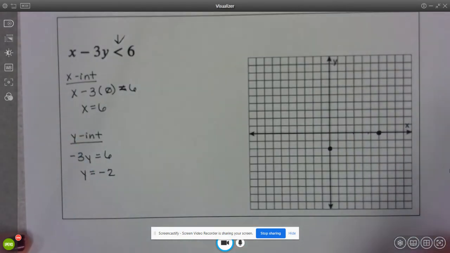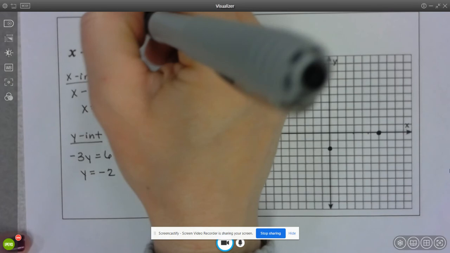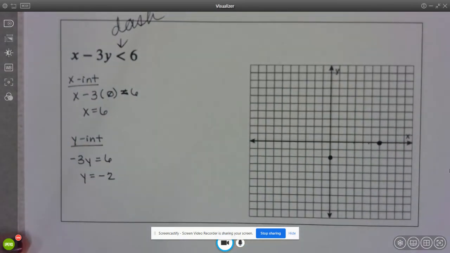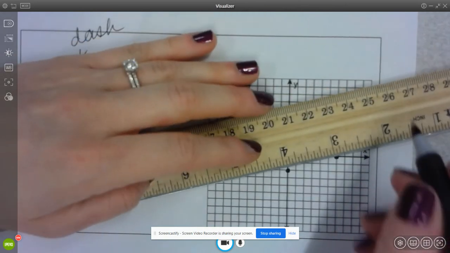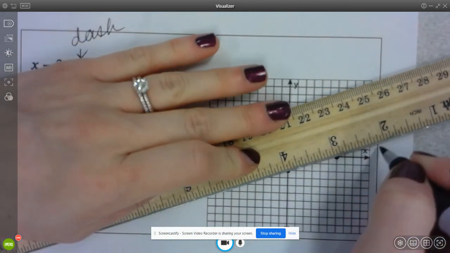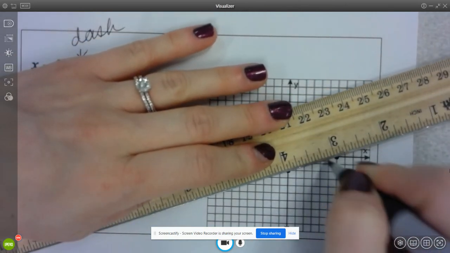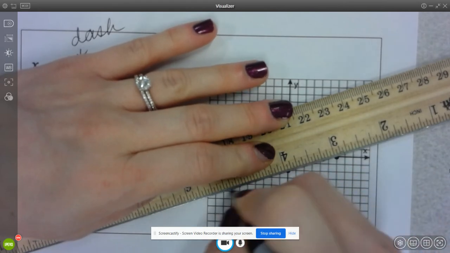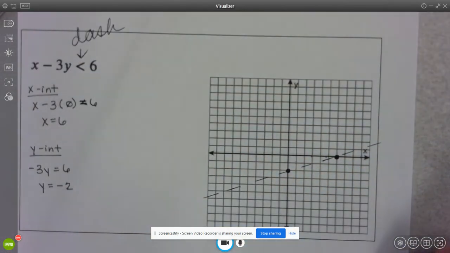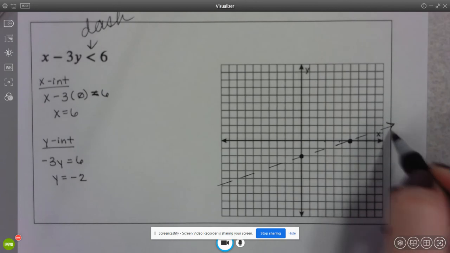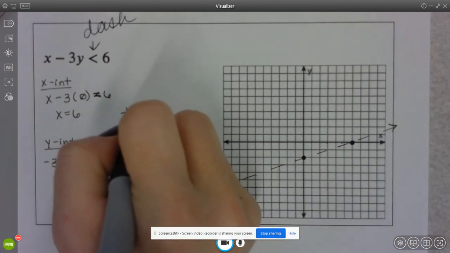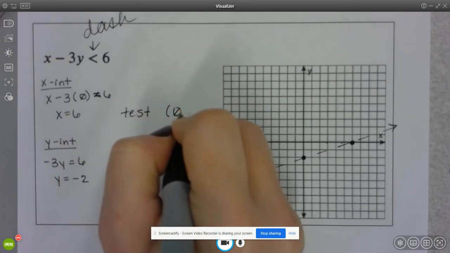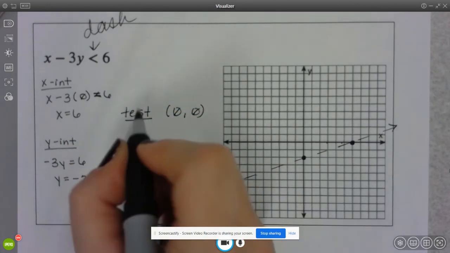Looking at my inequality sign, we're going to be dashed because there is no equal to. So when I connect these 2 points, make a dashed line. And I'm going to test the origin to see if it's true or false.